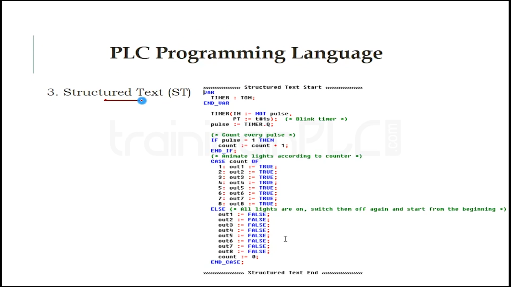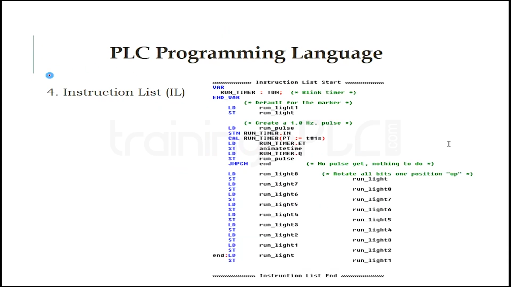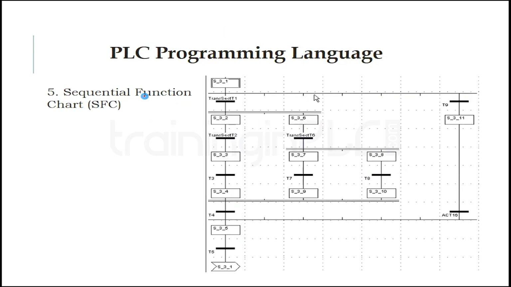Structured text is the same as C programming. Instruction list is the same as assembly language. Next is sequential function chart. This programming language represents the function chart or the function flow of the program.